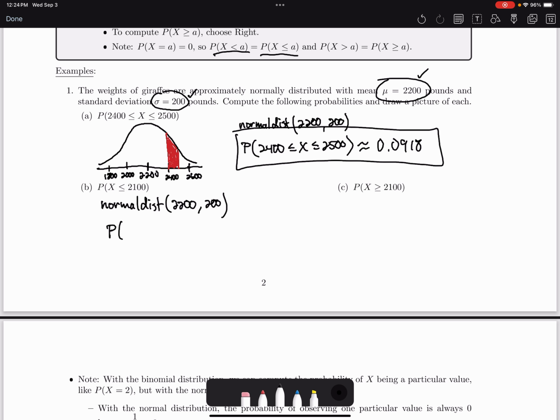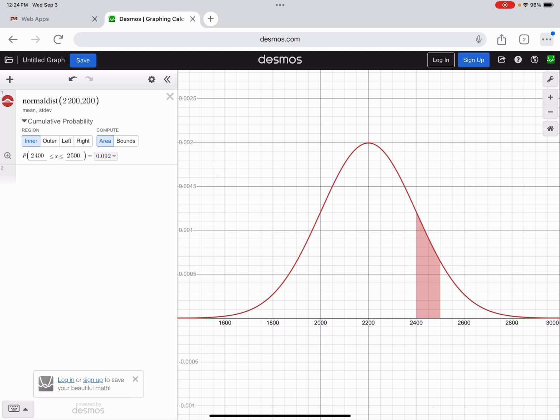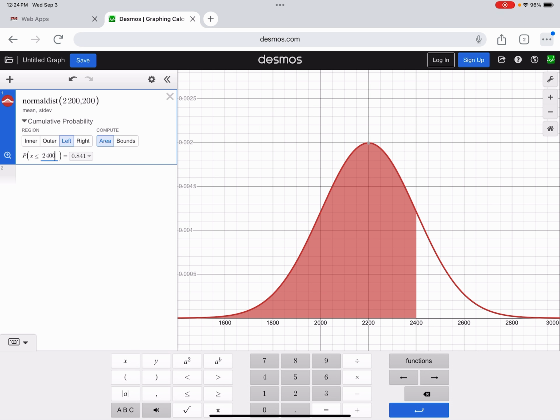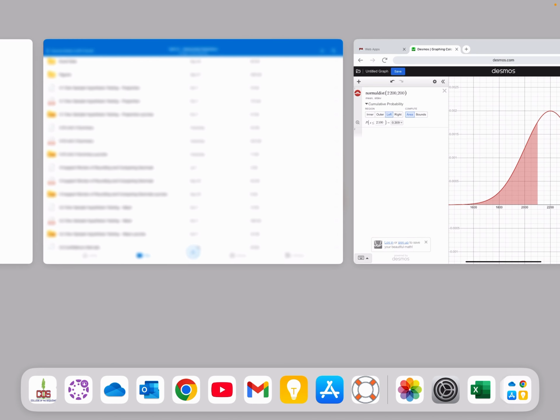We want to compute the probability x is less than or equal to 2,100. And let's see what we get. Okay, so I'm using the same distribution, but this time I want a left. Okay, I want to choose a left distribution so that I can put in 2,100. And there we go, 0.3085 approximately.